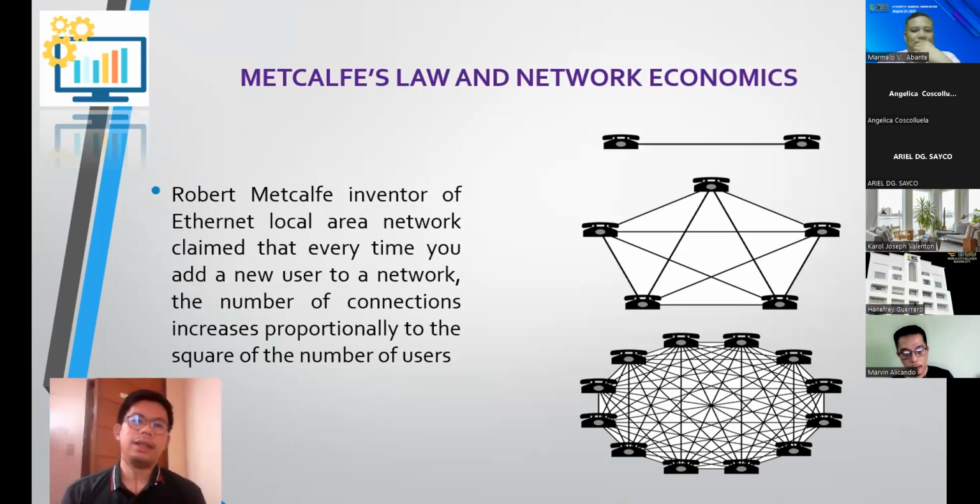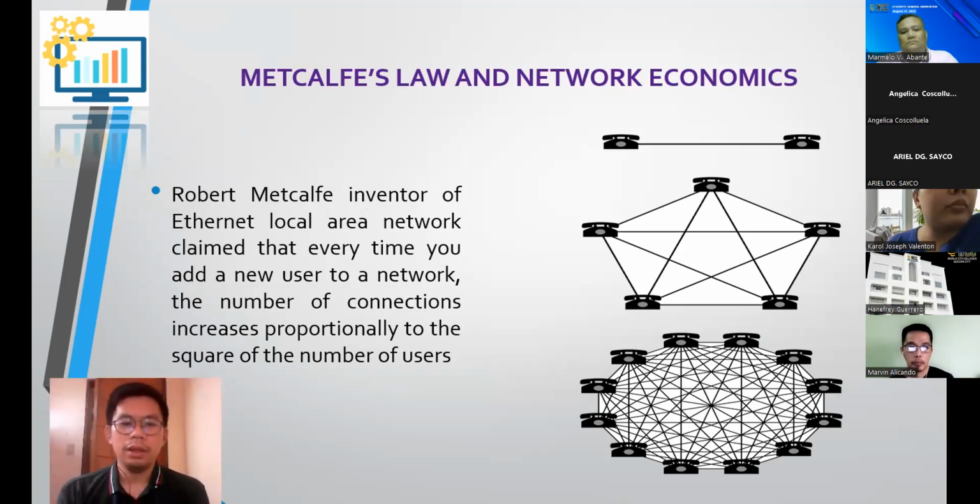So the next driver of IT infrastructure evolution is Metcalfe's law and network economics. In 1970, Robert Metcalfe, the inventor of Ethernet, local area network technology, claimed that the value or power of a network grows exponentially as the number of network members grows.